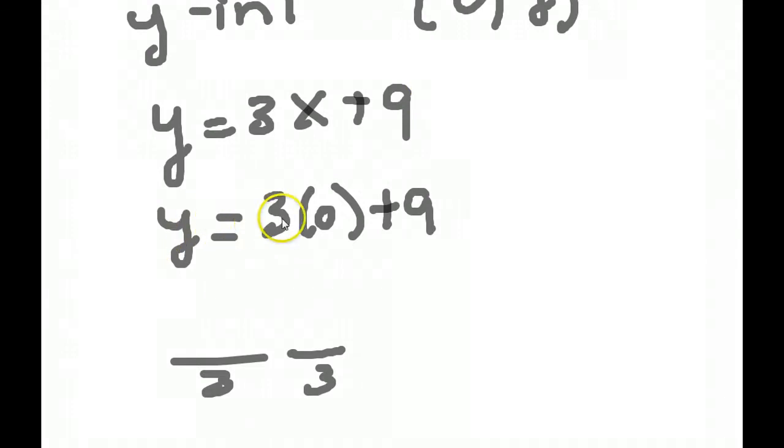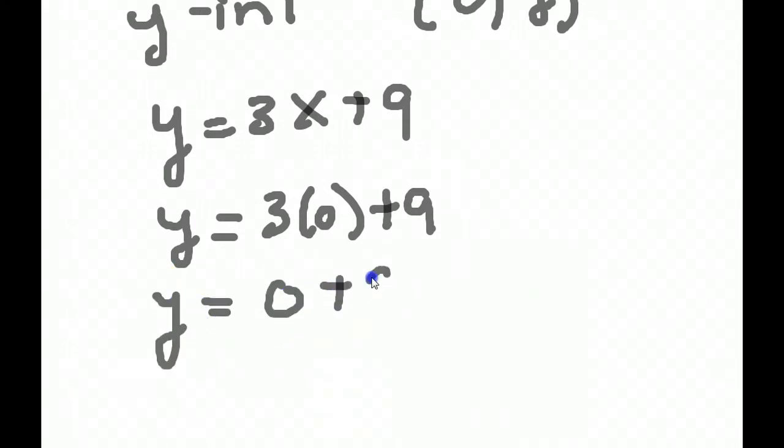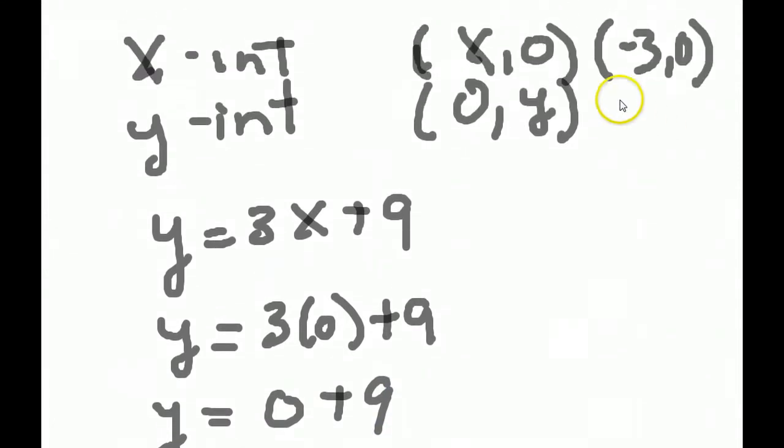Y equals 3 times 0 is 0, so then we get y equals 0 plus 9, or y equals 9. So again, our ordered pair is open parentheses, 0 comma y, so our x is 0, because that's what we put in for our x, and it came out with y as a positive 9.